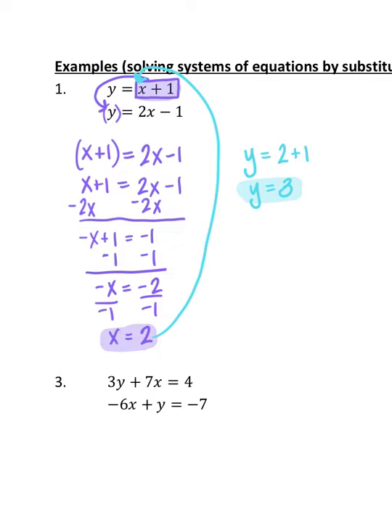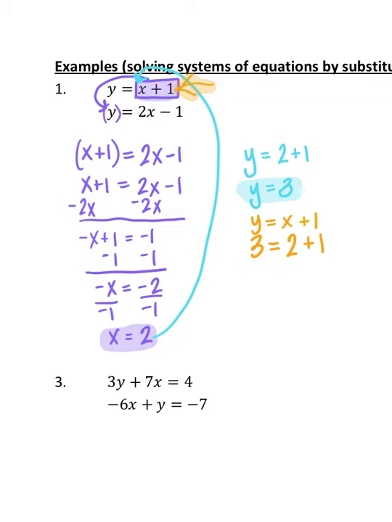Okay, so let's just prove it. If I were to plug 3 in for y, so now I'm going to look here again. I'm going to plug 3 in for y, so I have 3 equals, I'm going to plug 2 in for x, 2 plus 1. This is coming from y equals x plus 1, which is right here.